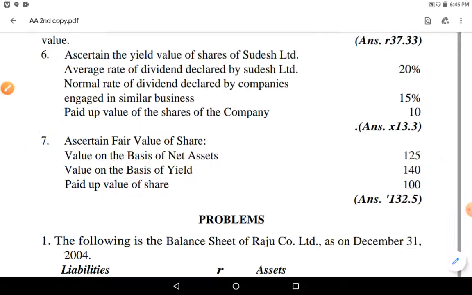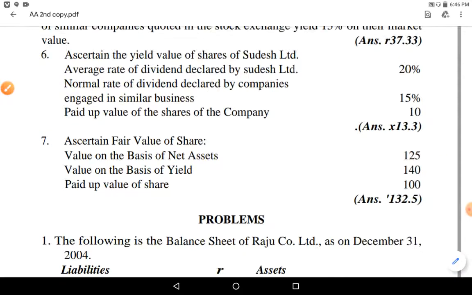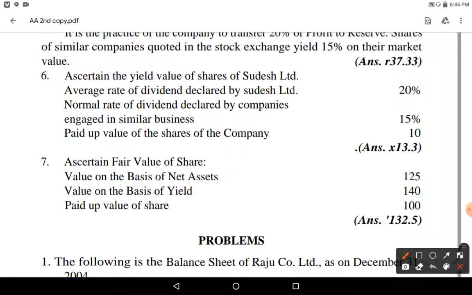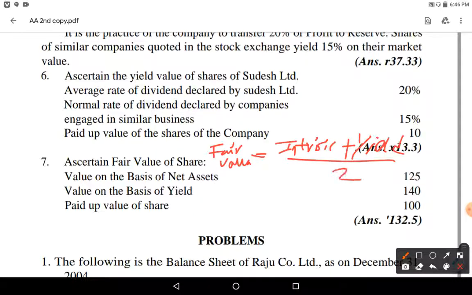Okay, what is the fair value formula? Fair value equals intrinsic plus yield, divided by 2. What is the intrinsic value?